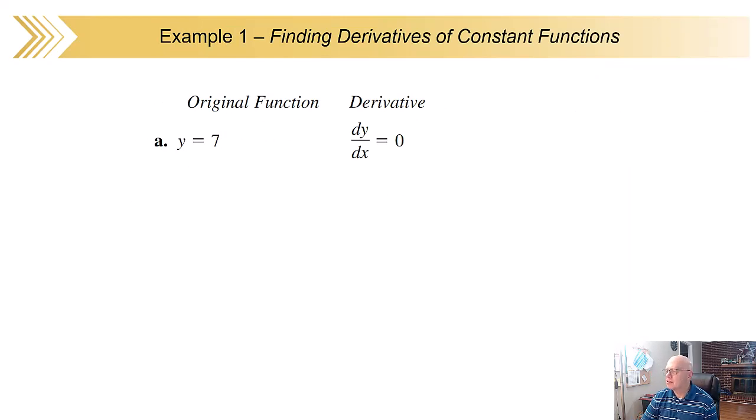Here are some examples. Here's a function, constant function. The function value is always 7, so the derivative is 0.